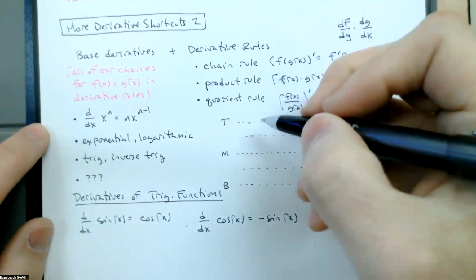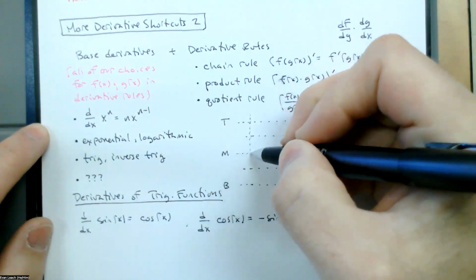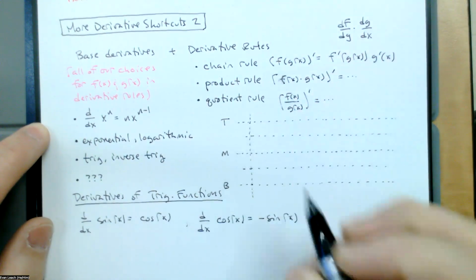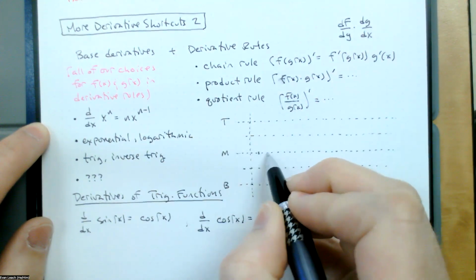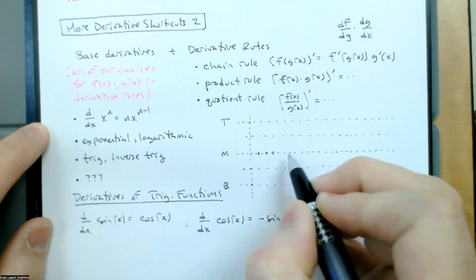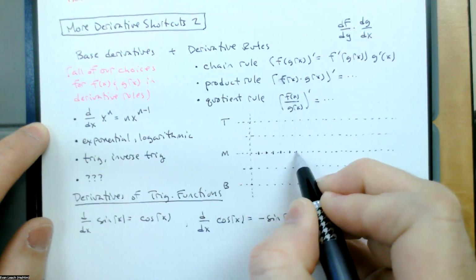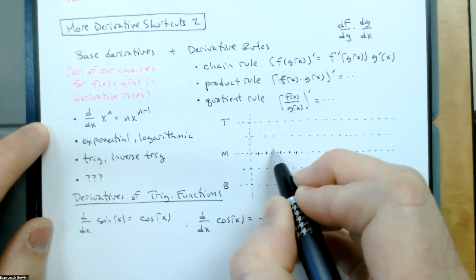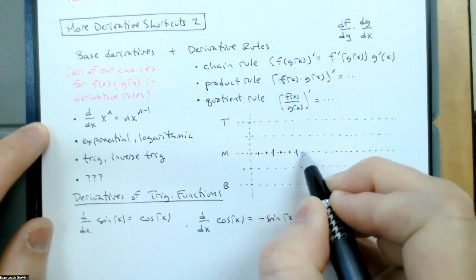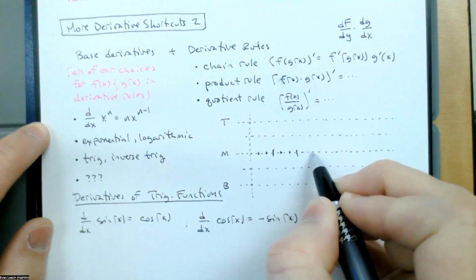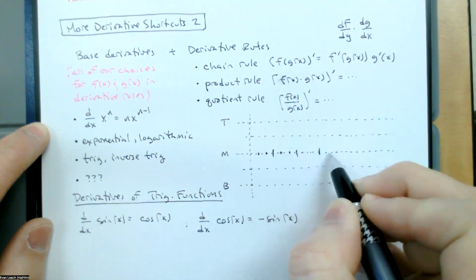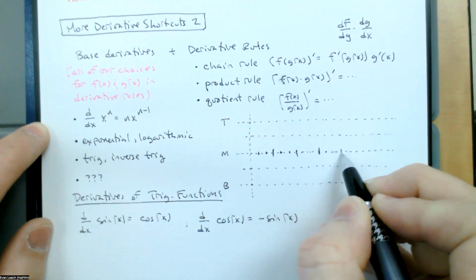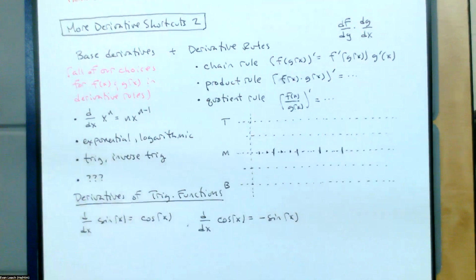So if we're going to start here, I think that's where I intended to start. We're going to separate it out in 1, 2, 3. There's the first quadrant. 4, 5, 6. There's the second quadrant. 7, 8, 9 is the third quadrant. 10, 11, 12 is the fourth quadrant.